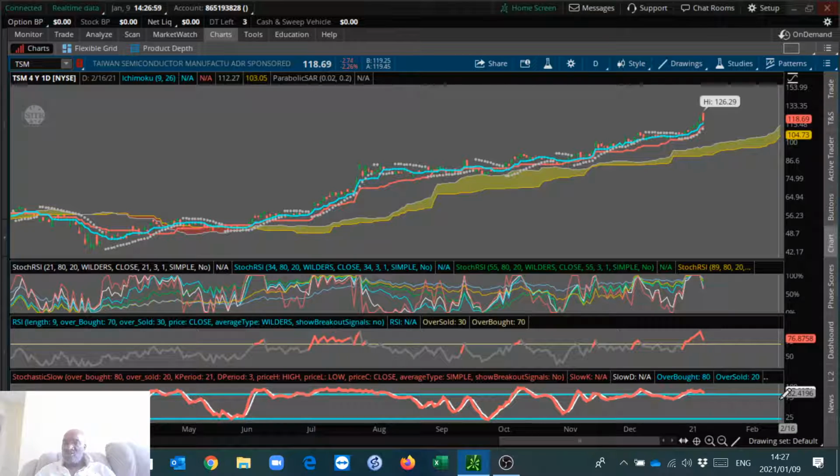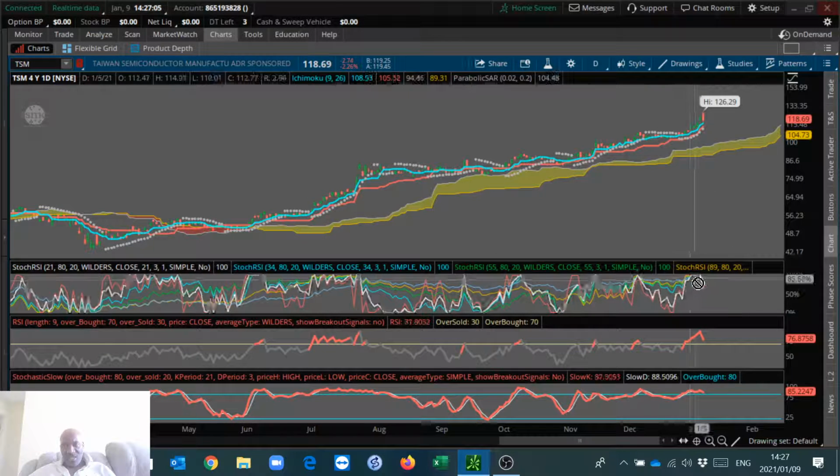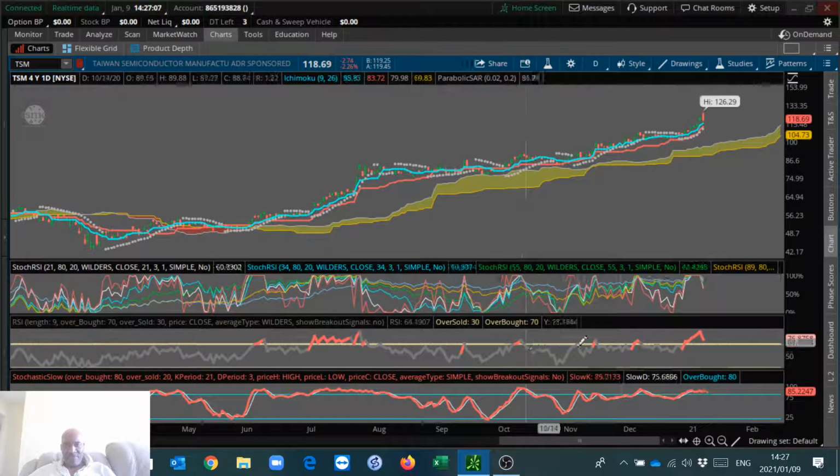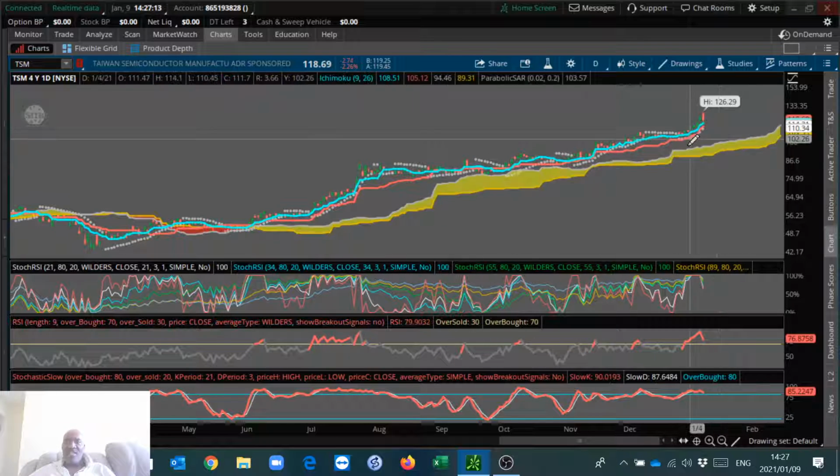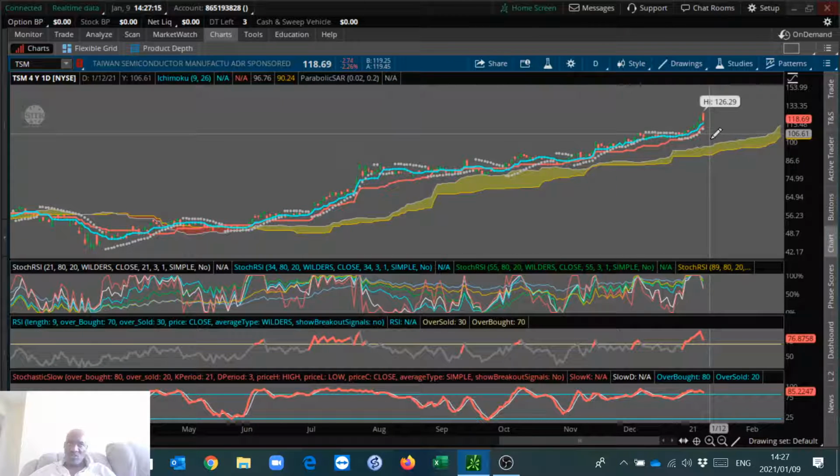For it to be confirmed to be a top zone and a selling zone, you need this grouping here and divergence on the RSI and the price, and the crossover of Tenkan-sen and parabolic SAR. So there is a lot to a sell, but I just want to illustrate how you can pick the topping zone.